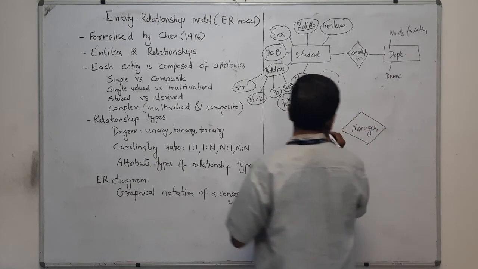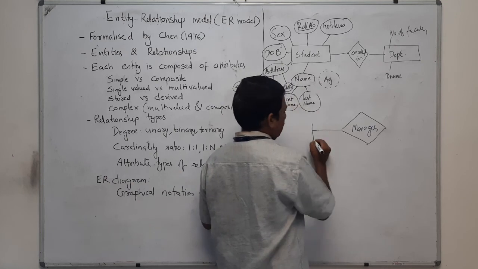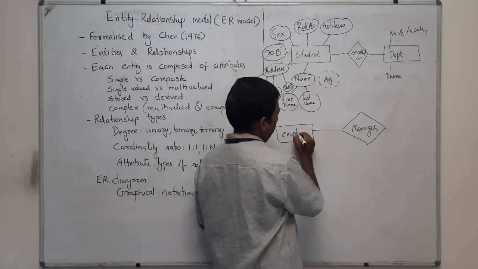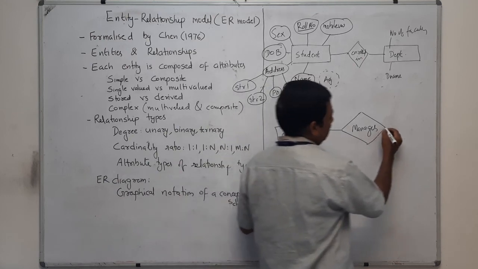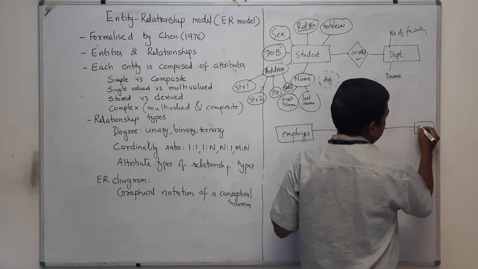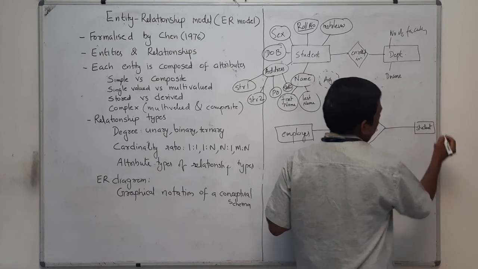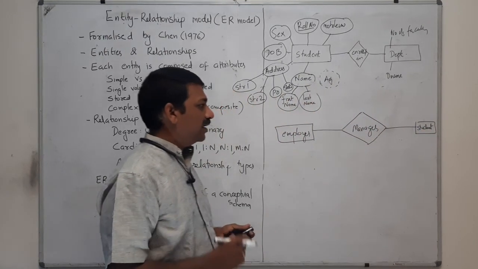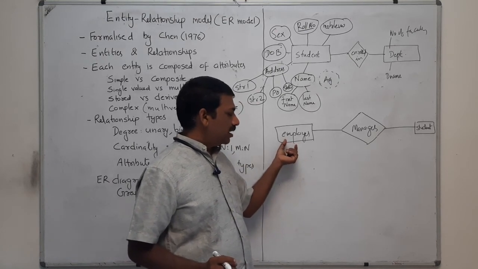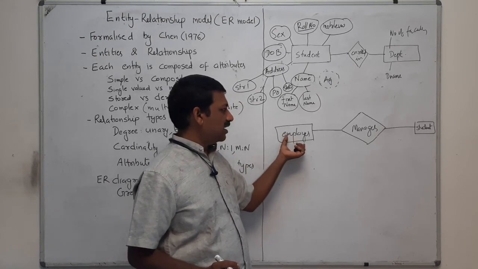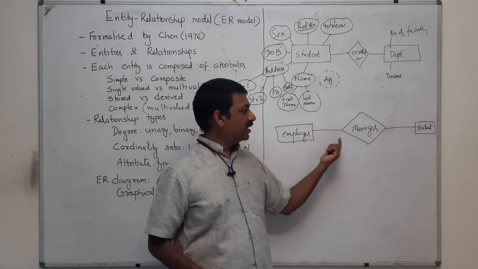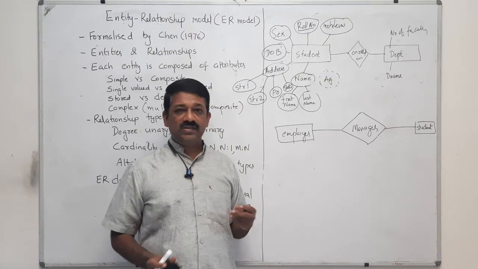Suppose that you have a binary relation, like the employee manages student. Here employee manages student means suppose that your staff advisor is the employee and he or she manages a number of students.